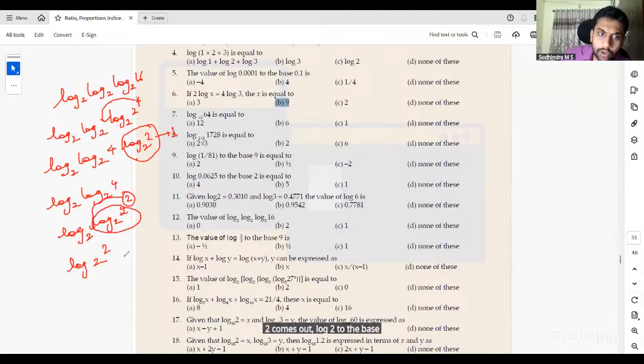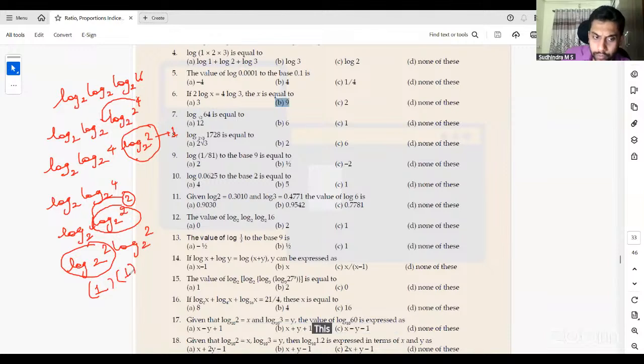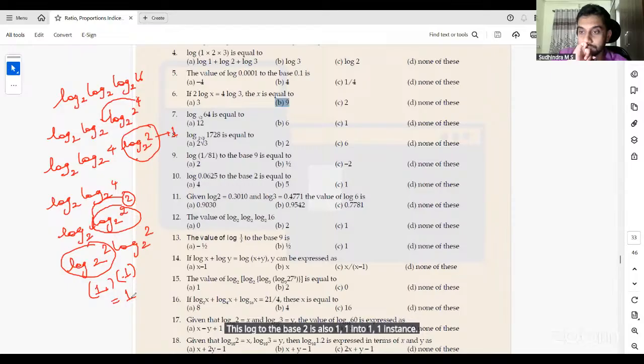What is this log 2 to the base 2? 1. So this log to the base 2 is also 1. This log to the base 2 is also 1. 1 into 1, 1 is the answer. So answer is 1. Is that clear? That is question number 12. Those who are done with this, you can move on to question number 13.